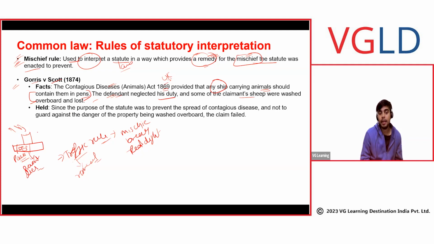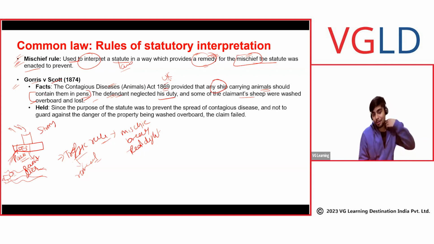Now what happened was, in a stormy sea, some of the sheep actually got lost in the sea. So the person whose sheep they were filed a case against the ship company.